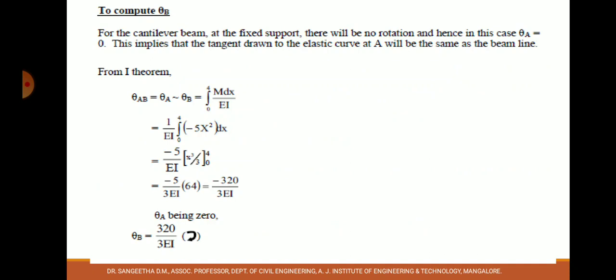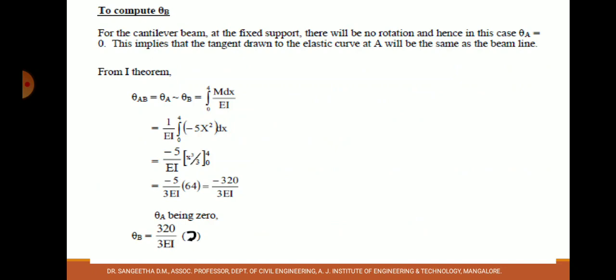So theta AB, whatever we evaluate, is theta B. This implies that the tangent drawn to the elastic curve at A will be the same as the beam line. So there is no tangent drawn. So theta A is 0.